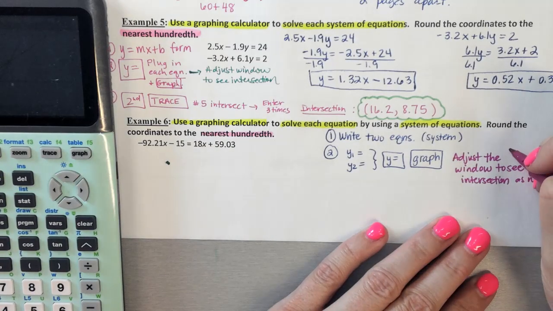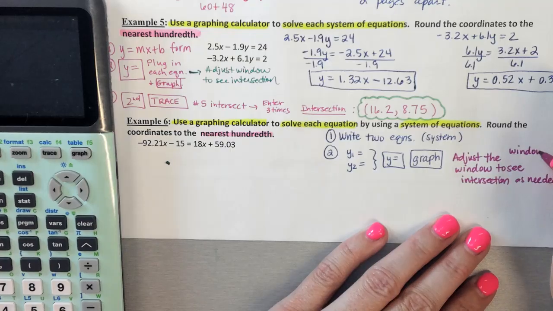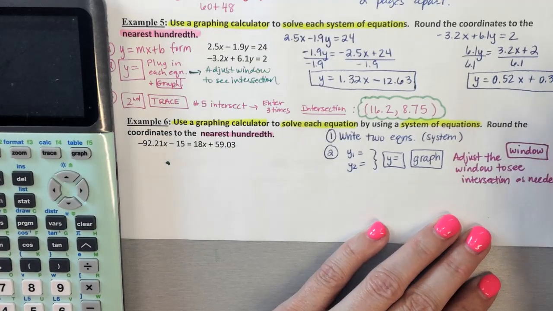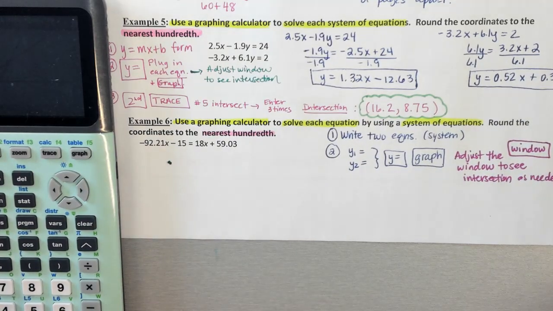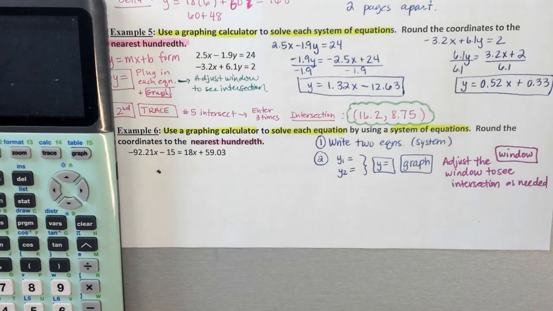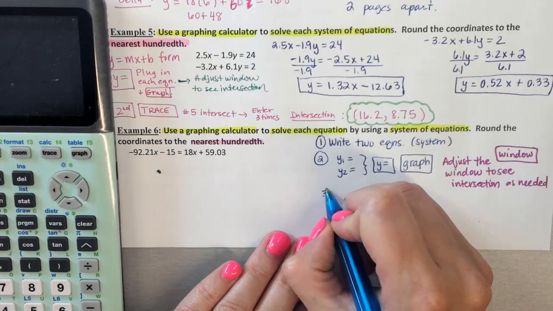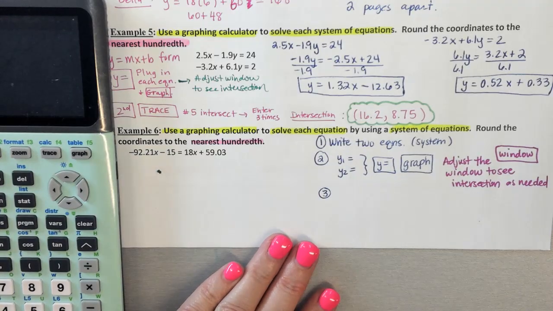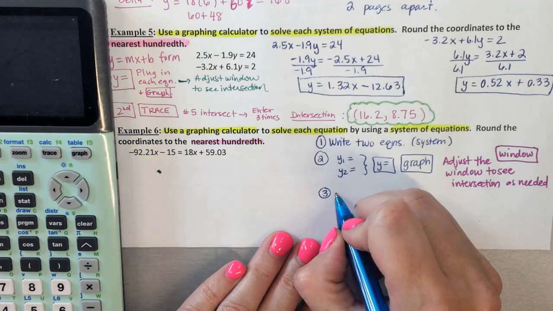To do that, you just hit the window key. If you make a mistake on the window and you go to graph it, it will say invalid dimensions. So if you see invalid dimensions, you got to go back to your window and check those.